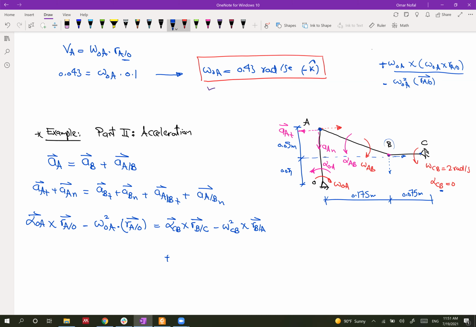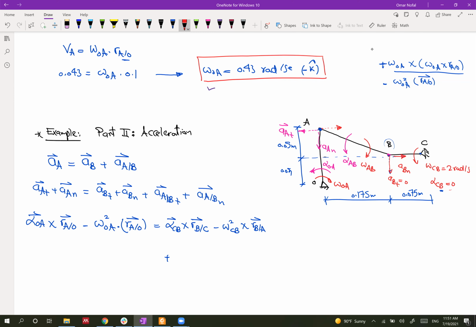So we are moving to the body AB, and we need A with respect to B. So let's put this, so the tangent will be equal to 0, AB tangent, because alpha is equal to 0. And we will have A P normal. So what about A with respect to B? It will depend on the alpha.